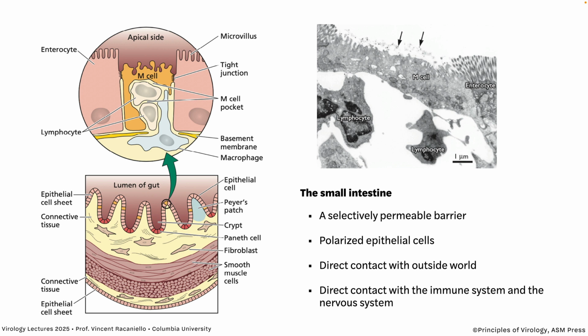And an important point is that at the bottom of the cells is what's called a basement membrane. So it lines the bottom of these enterocytes. So that would be here in this picture. So there's a basement membrane, which is a permeability barrier. It prevents things from just diffusing through. As you can see here, immune cells can get through this.